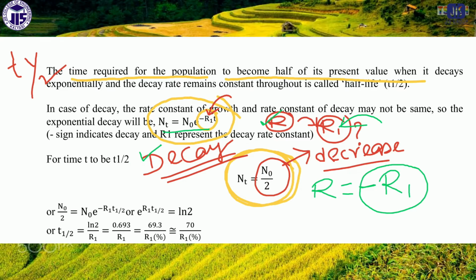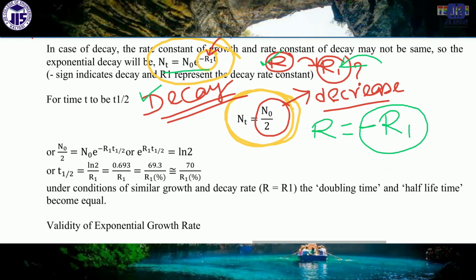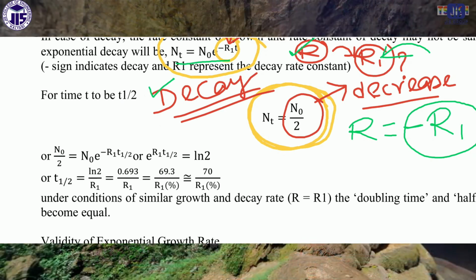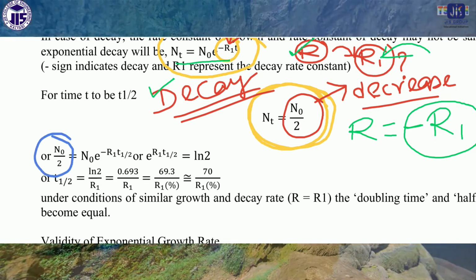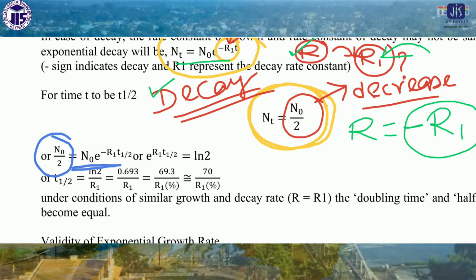Now if we consider this equation, it is very simple. Just put the value in place of nt. Look here, in place of nt we put the value n0 by 2, and the rest remains the same: n0 into e to the power minus r1 into T half.